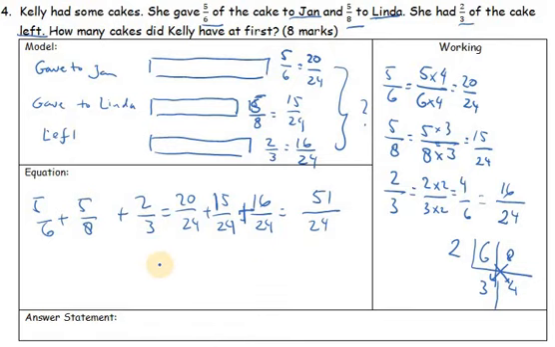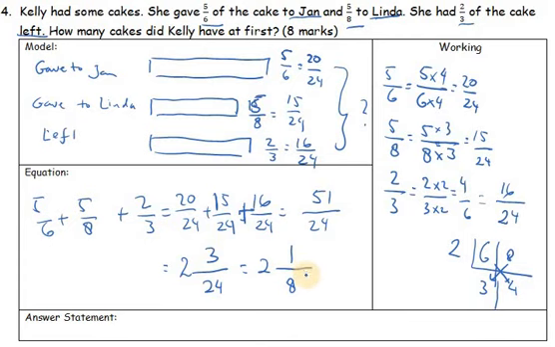And then if you divide 51 by 24, the result is 2, and the remainder is 3. 48 plus 3 is 51. Then you need to have the fraction in simplest form. 24 divided by 3 can be done, so we use the 3. 3 divided by 3 is 1, and 24 divided by 3 is 8.